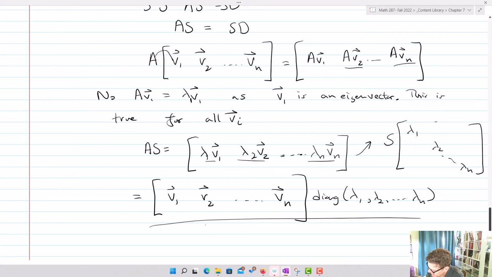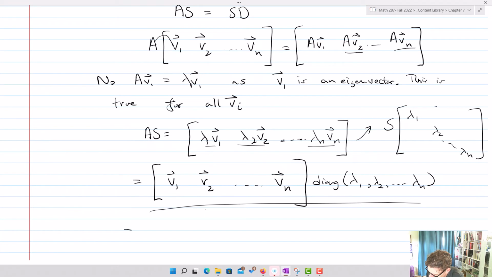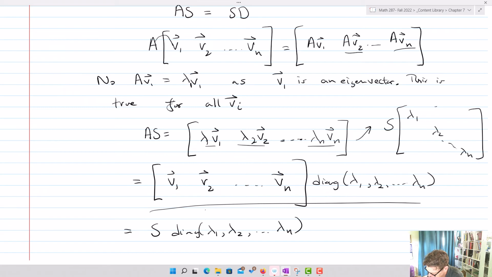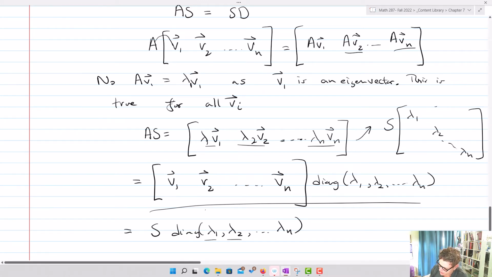So if we look at this, what that means is that this is S times the diagonal matrix that our matrix A is similar to, which is in fact the one that has the eigenvalues on the diagonal.